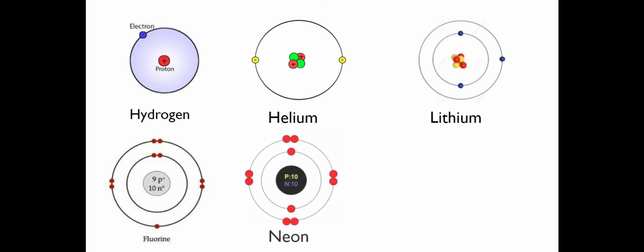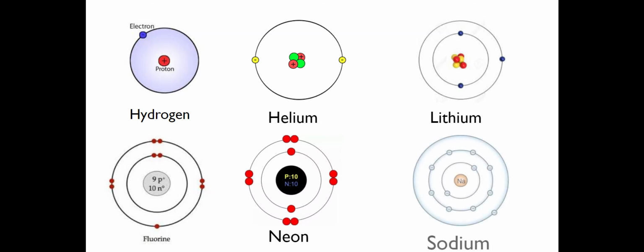Then how about neon? Neon has 10 electrons. It's number 10 in the periodic table. 10 protons, 10 electrons. The first 2 go to the first energy level, and you have 8 left. All of these can fill into the second energy level. That's how a neon atom looks. And after neon in the periodic table, there is sodium.